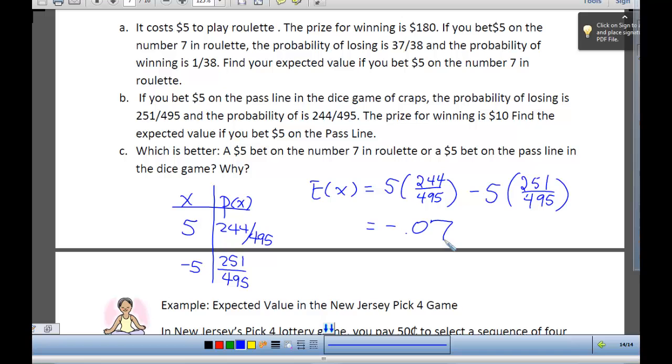Okay, we got different opinions. Basically, in this case, it's our earnings, which is negative. So here we lost 7 cents. In the previous game, we lost 26 cents. So which one would be better to play? Individually, yes. But when we talk about long run average, that's a good point.